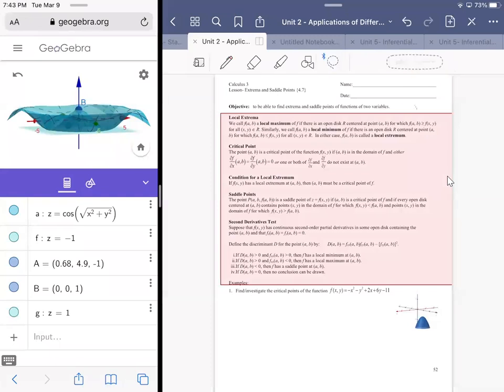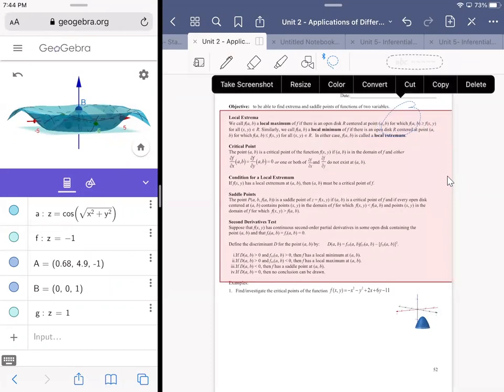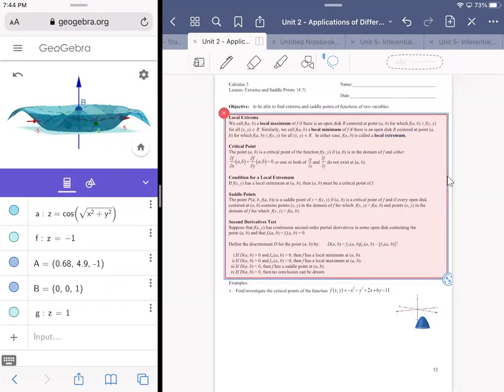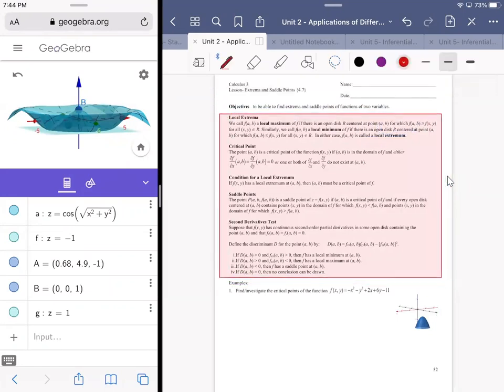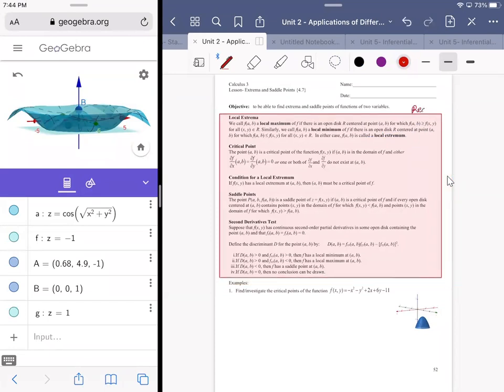All right, so read this before next class. It'll make life easier if you at least have some familiarity with this.